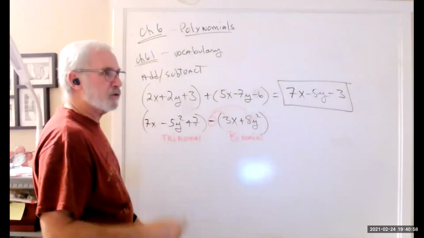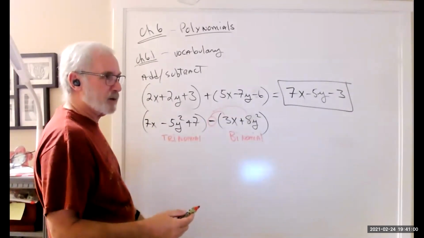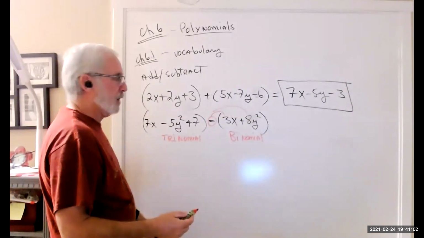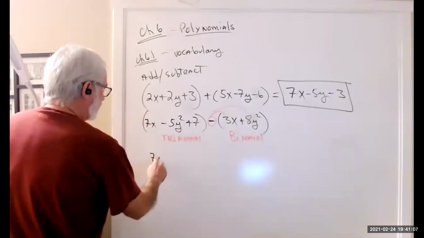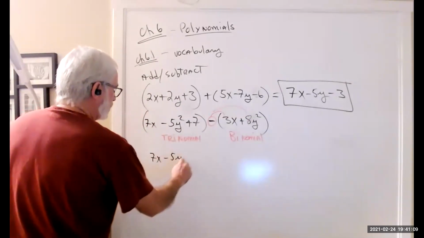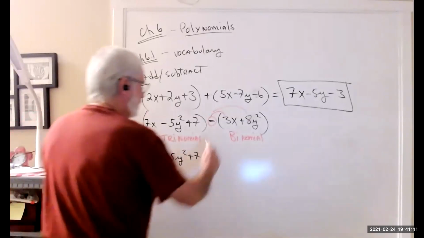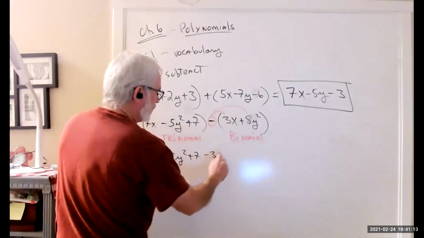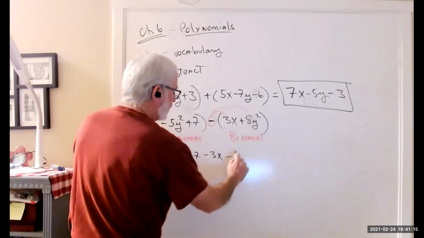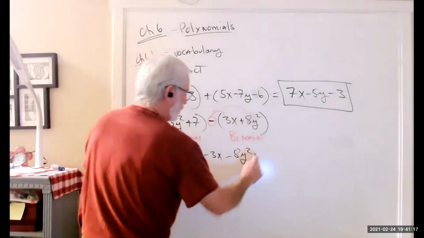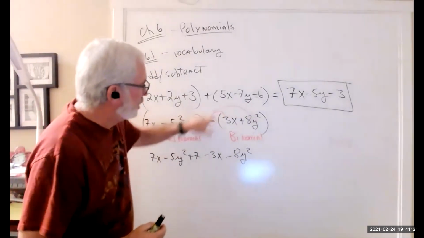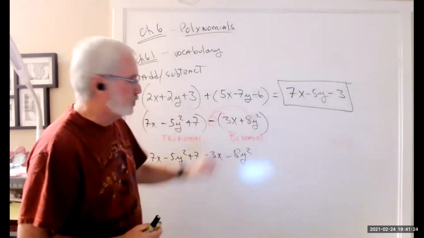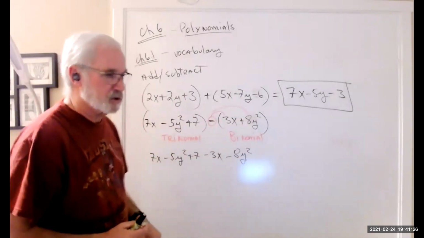Now, we've done this with equations back in chapter 2. Okay, so we would rewrite this problem as 7x minus 5y squared plus 7 minus 3x minus 8y squared. So you would rewrite the problem distributing the minus sign through there, which changes those to their opposites.